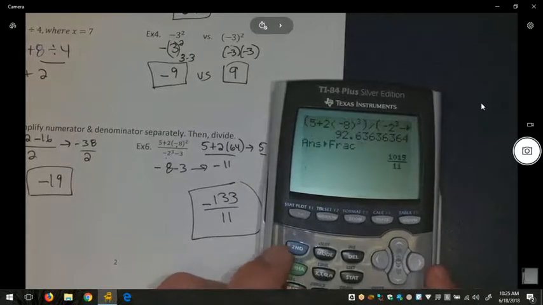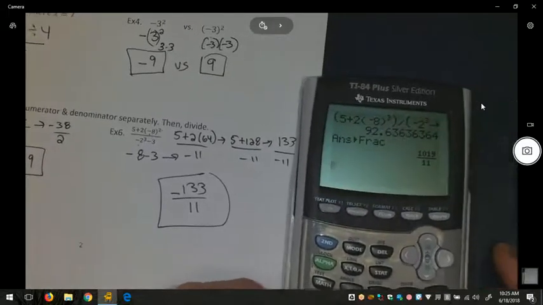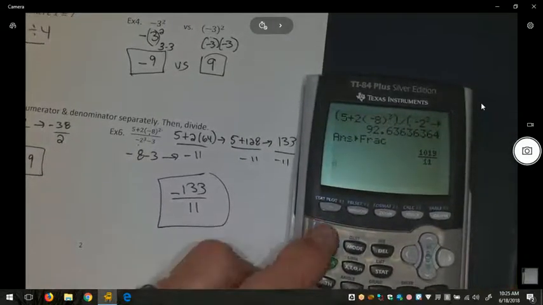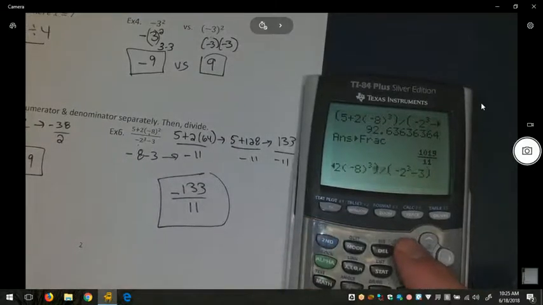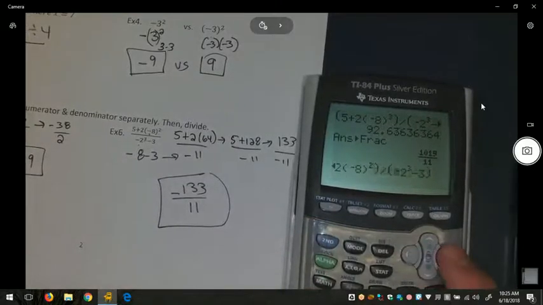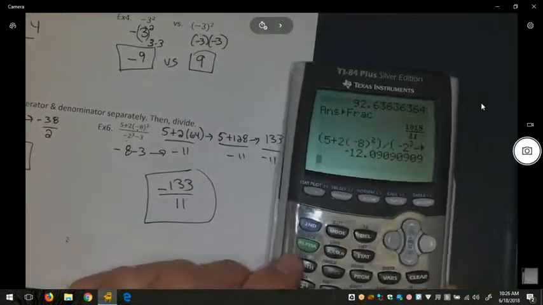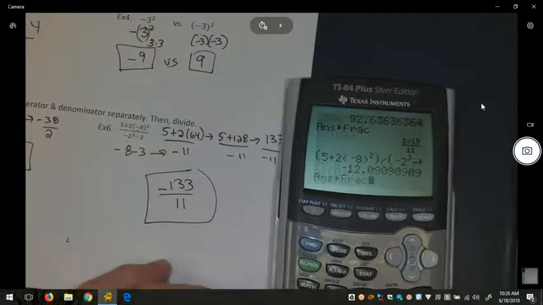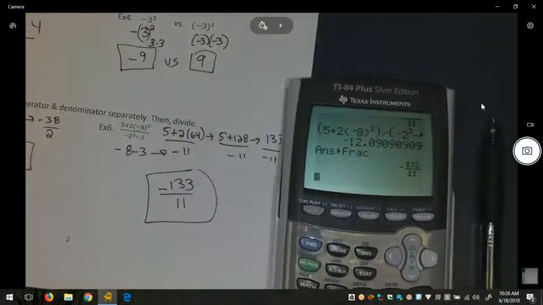When I convert it back to a fraction, it's much larger. Let's take a look. Oh, I did negative 8 cubed, and it was supposed to be squared. Negative 8 should have been squared. It was the negative 2 that was cubed. There we go. There's the right answer. Negative 12.09. If I convert it back to a fraction, negative 133 over 11.